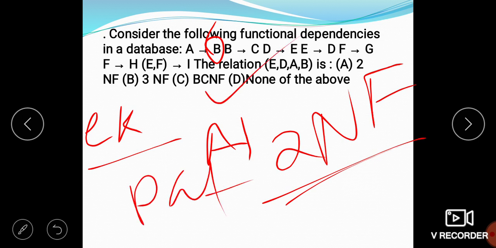Okay, so here none of the given options is true. So this is 1NF.